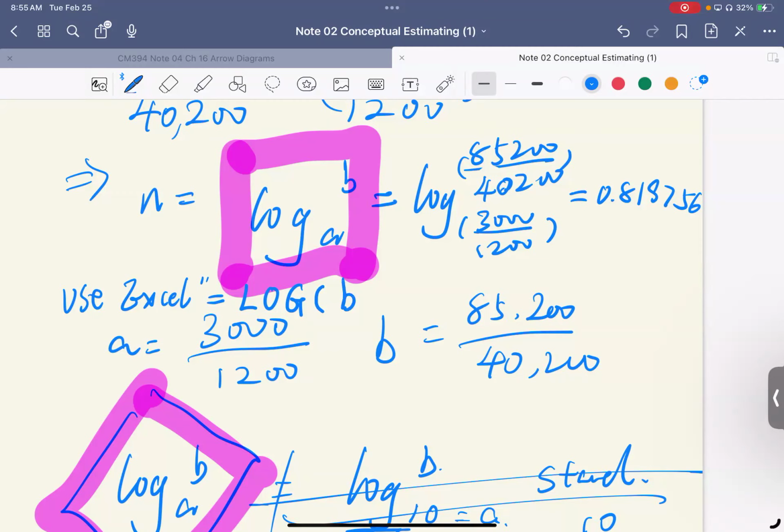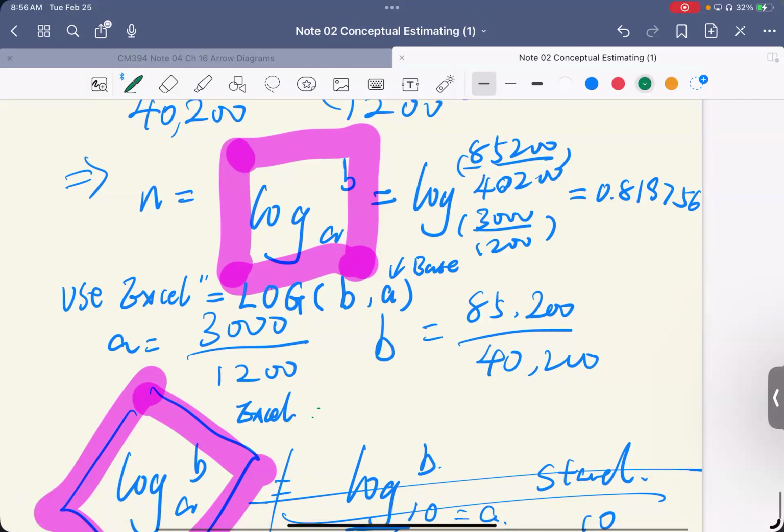This is your B and the A, and the A here is a base. So basically in our case it is equal to log, bracket, 85200 divided by 40200.